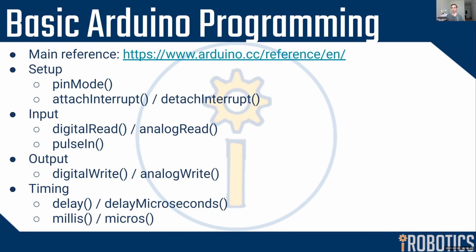So if your color sensor changed from a low voltage, no ball detected, to a high voltage because there's a ball detected, and you have an interrupt attached to the pin that the sensor is connected to, then without you writing any other code, as soon as it goes high, it can call a function that runs whenever the sensor says there's a ball here. So you could have a counter, so you can say how many balls have gone through here.